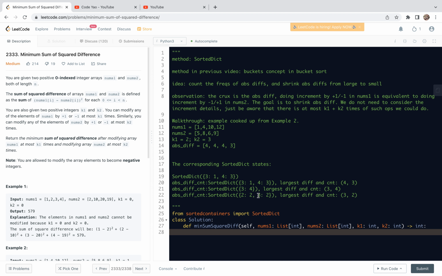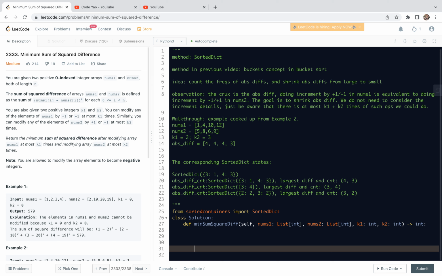So as such, the frequency for gap 3 is decremented by 2. So now the frequency for 3 is 2. And due to the shrinkage, we produce another gap, that is 2, with frequency 2. So this is the final state for the sorted dictionary. Then if we add the gap square times their frequency together, we're going to get 26 for this problem. So that's a quick walkthrough for this problem.